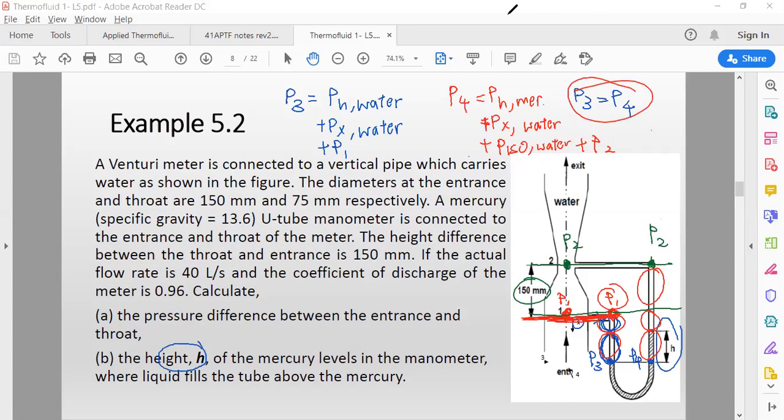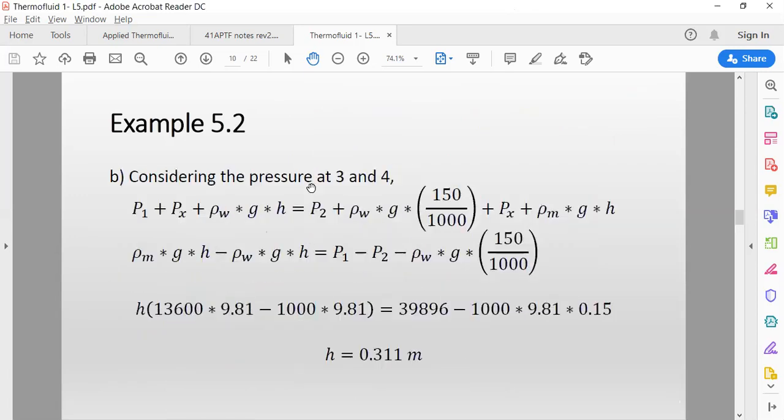So let's look at the solution. If you have understood, P3, as I mentioned, will be all this, and P4 will be all this. Same thing, my pX cancels.